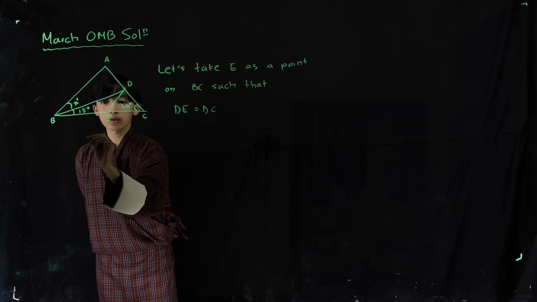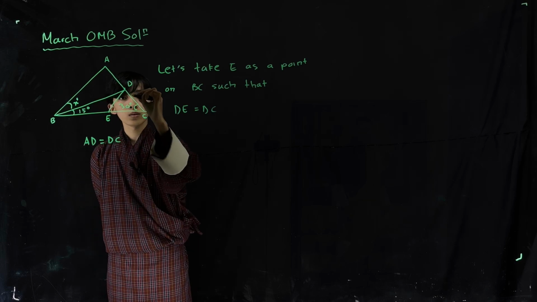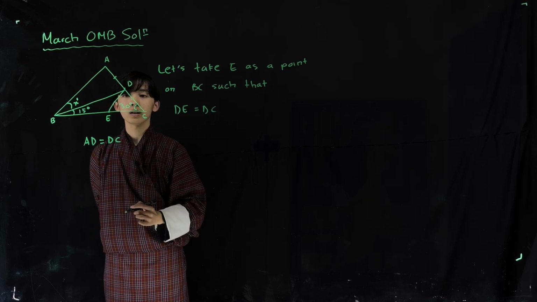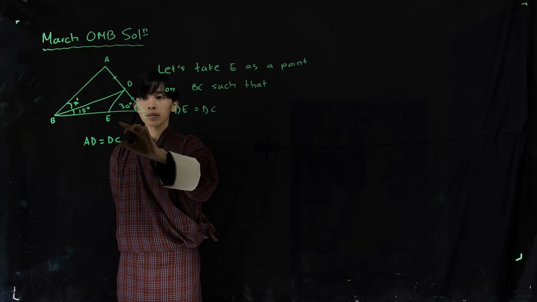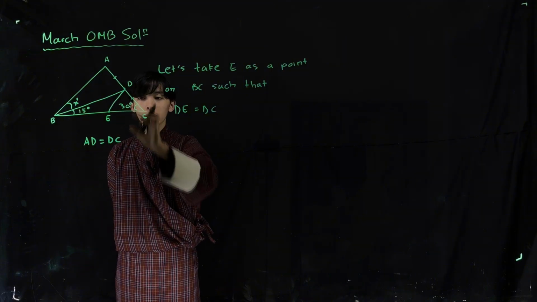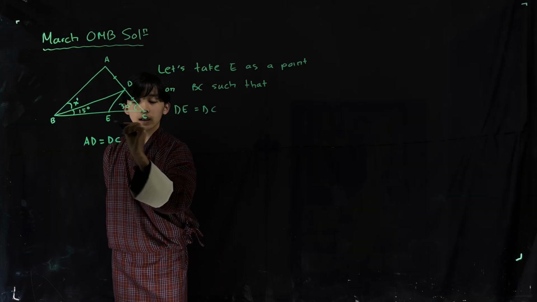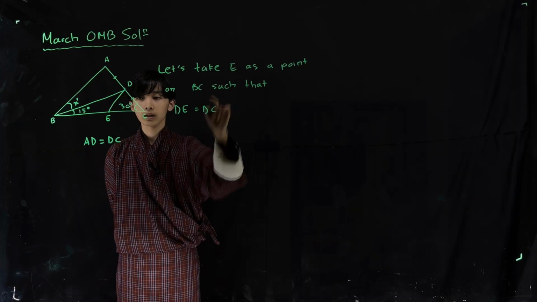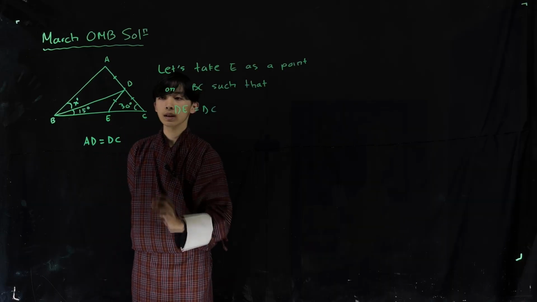Now from the condition we know that AD is equal to DC, so we know that these two sides are equal. Now we know that there's a point on BC which, if you connect it to the point D, will be equal to the length of DC. So let's say that point is point E, which means that DE is equal to DC.